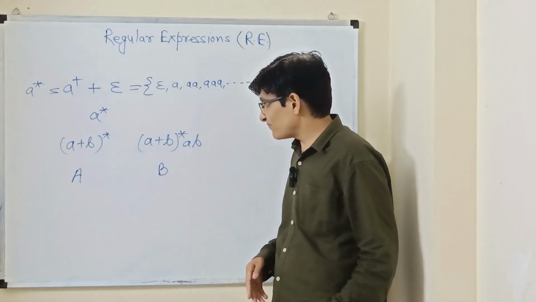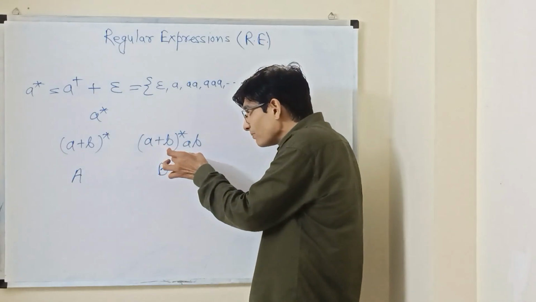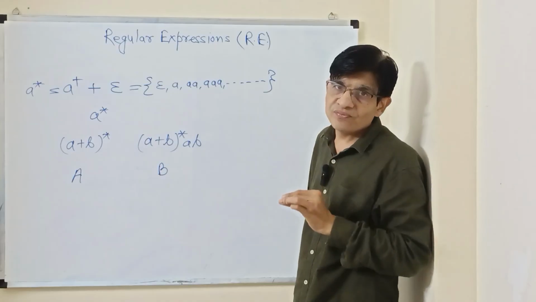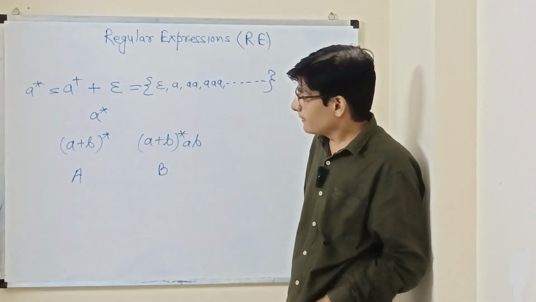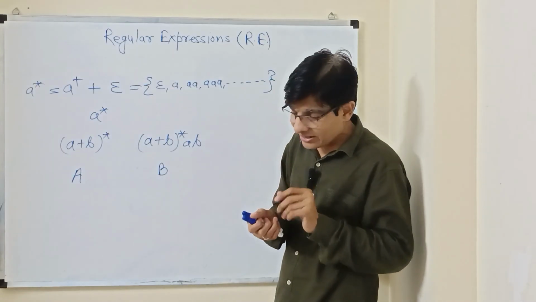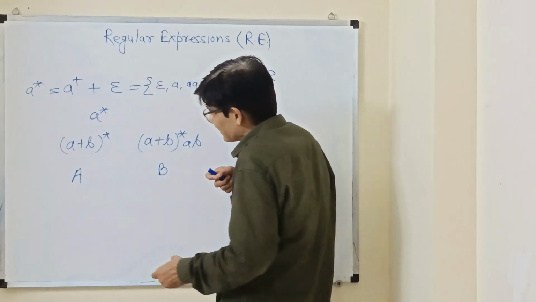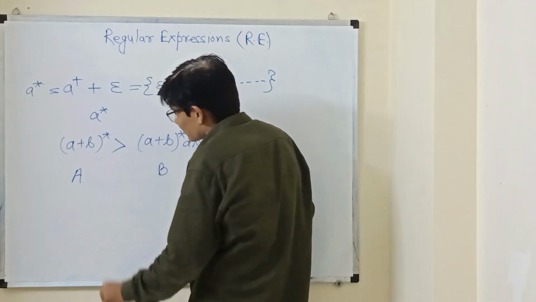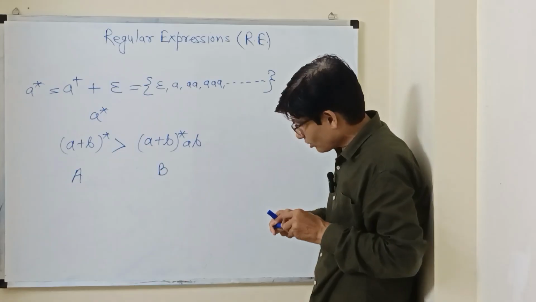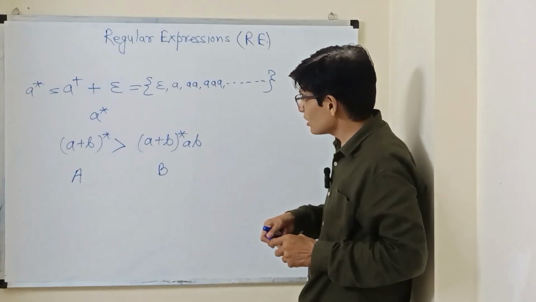So you can see, my friend, here we have selected a particular type of strings of A and B. But here we have all possible strings of A and B. That means this set is bigger, and this set is lesser, or you can say shorter.